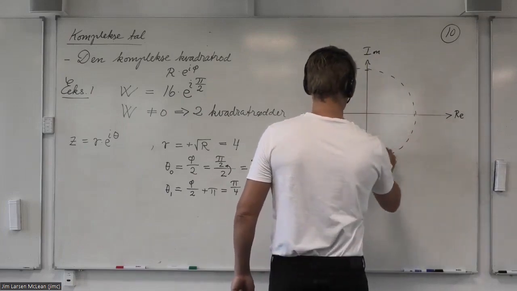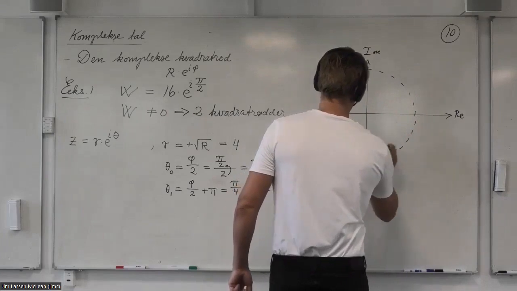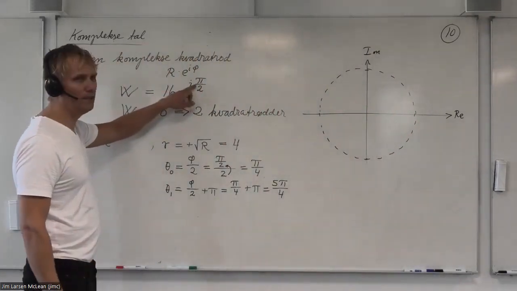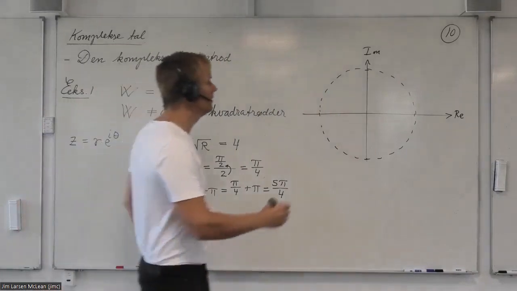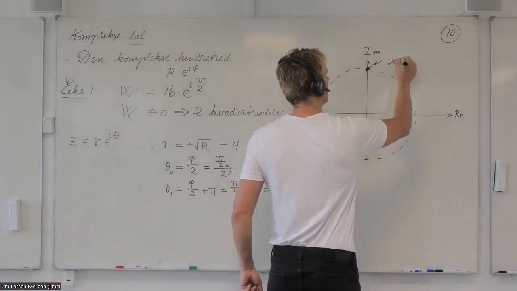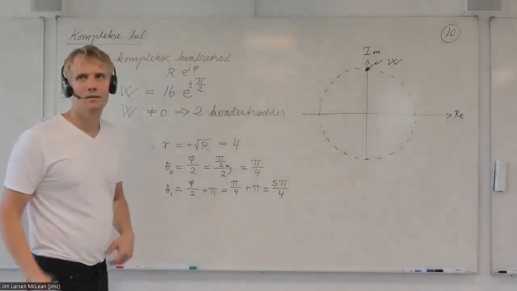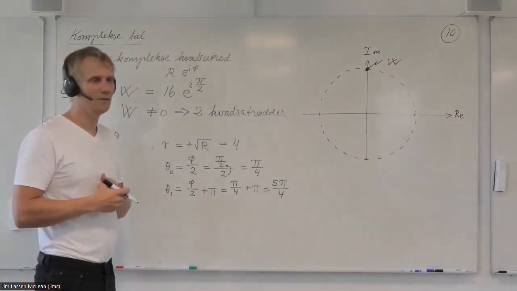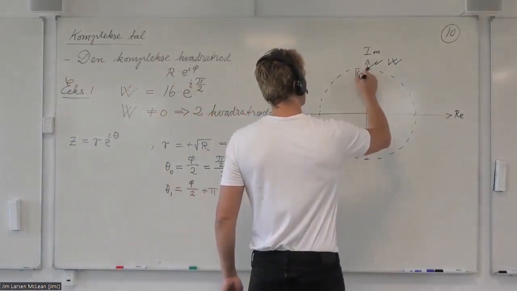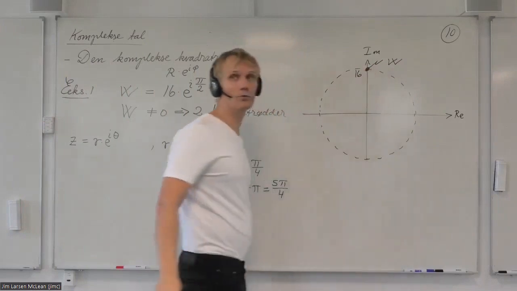Somewhere on this circle here, so here's my w, and it's turned up at an angle of pi over 2, which is 90 degrees. So my w is right here. Do you agree with me on that? And the distance here is 16, from there to there. That's the radius.